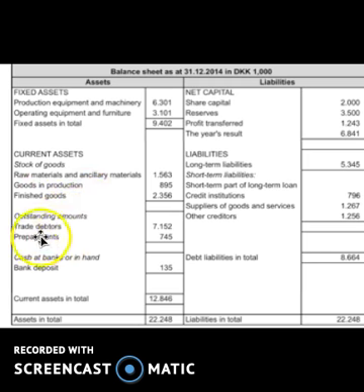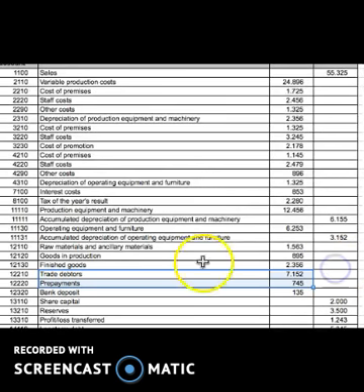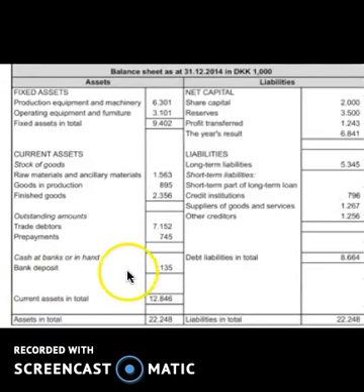Then we have outstanding amounts, trade debtors, prepayments. These you can also take here. Then you have a bank deposit, which you also take over here. Then you have current assets in total, and then you have the assets in total, 25,248.